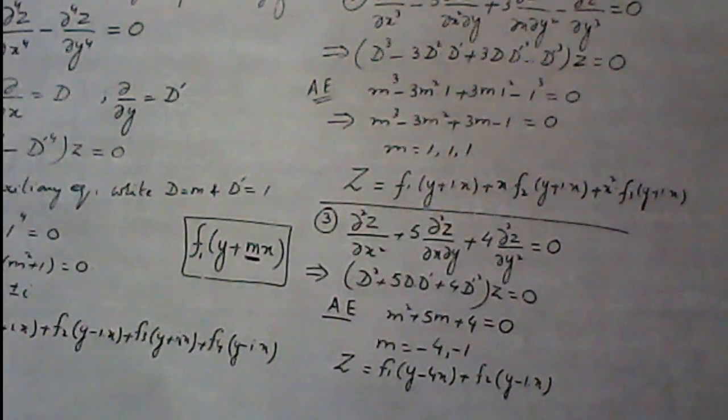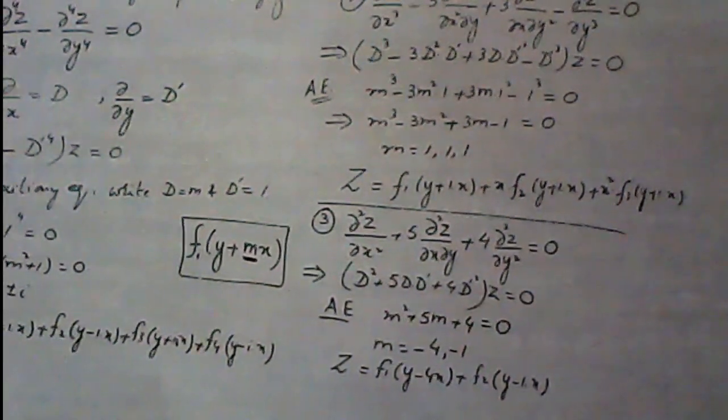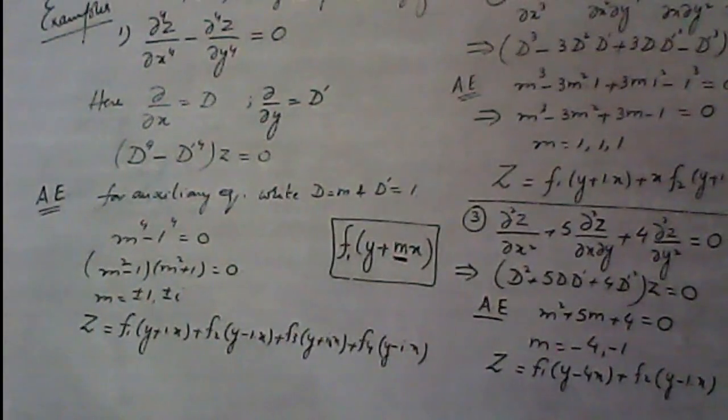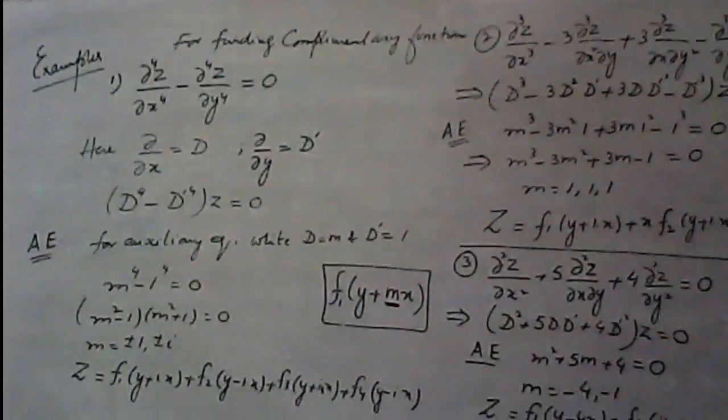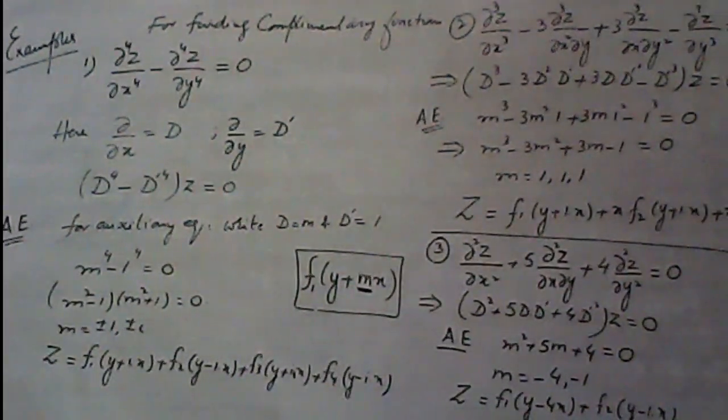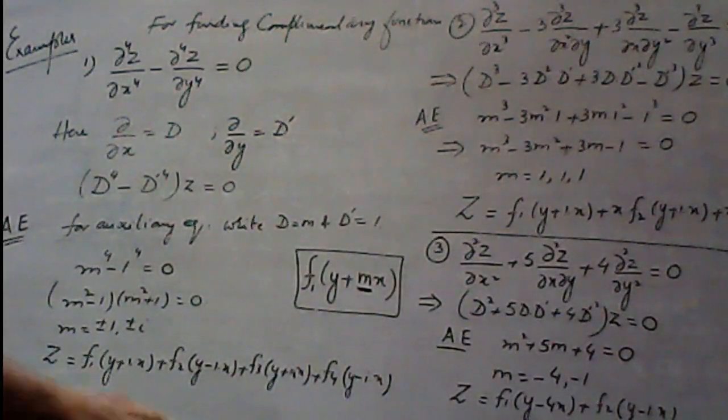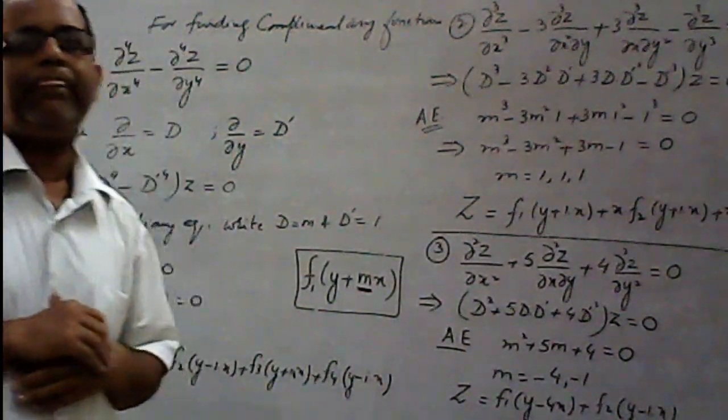So these are the examples related to homogeneous higher order PDE when the right hand side is 0. Before finishing this, let me give you an overview of whatever we discussed in this session.